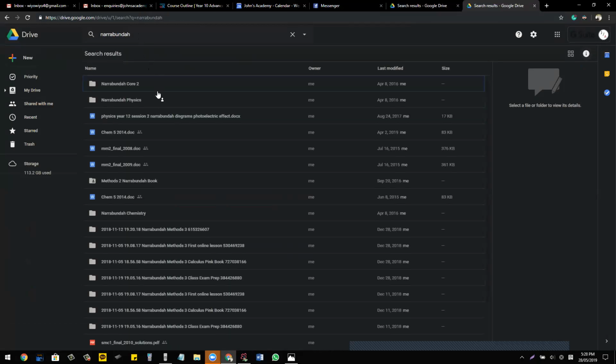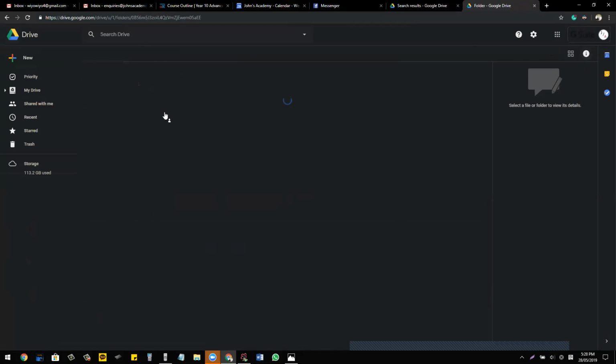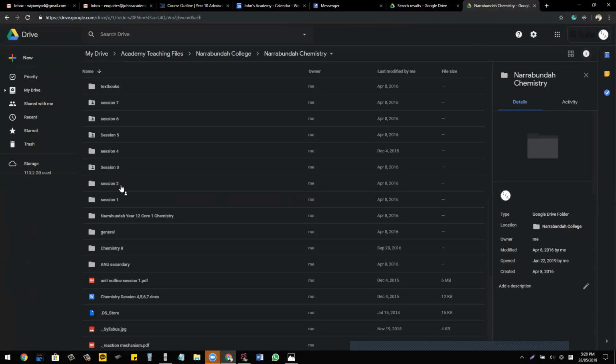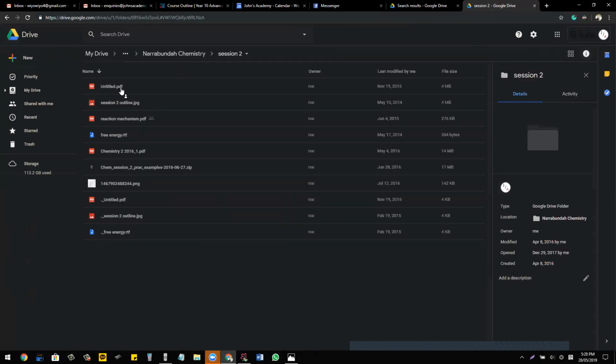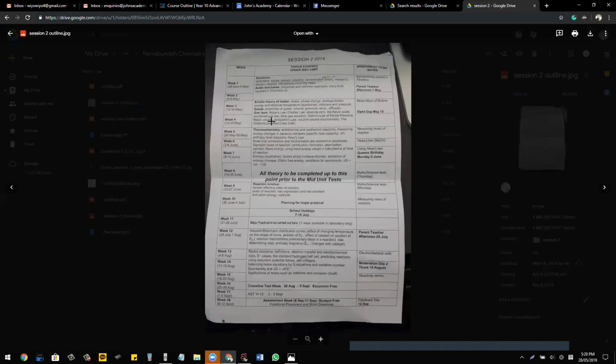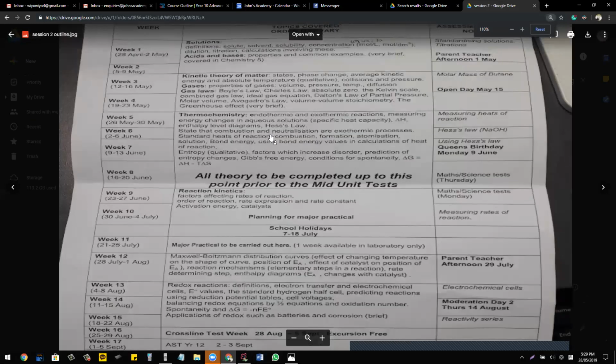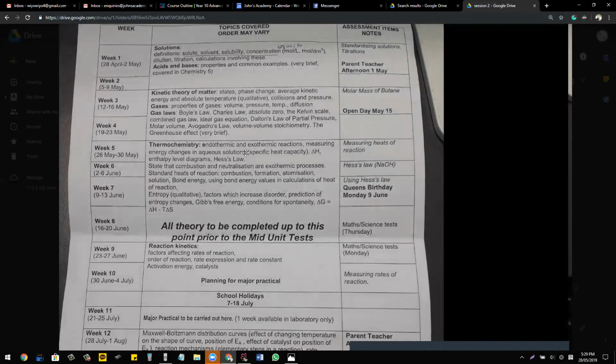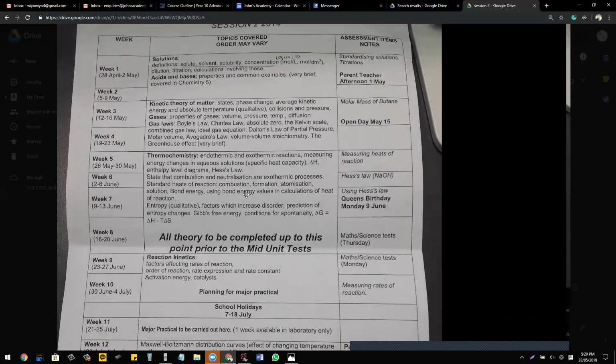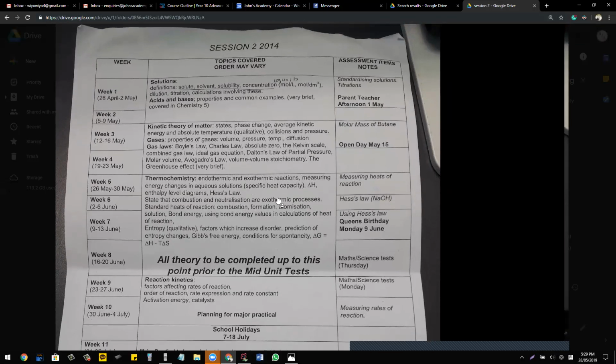No worries. Just give me a second. They're on the chemistry session 2, right? Let's have a look at the outline. So this is back in 2014, but I think it's pretty much the same thing, isn't it? Yeah, it looks pretty similar. So are you doing this stuff here?